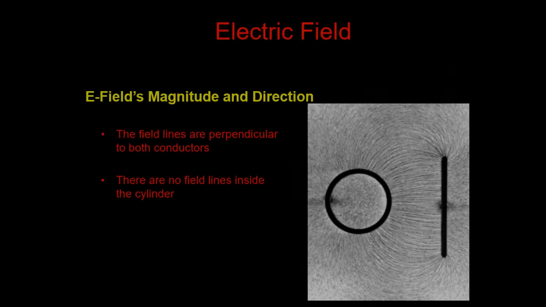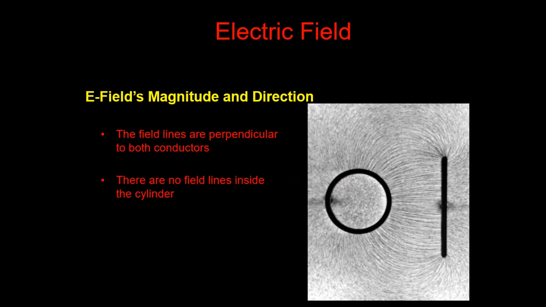So let's take a look at an actual practical image. When we look at our electric field here and the direction and magnitude, here we have a plate with an electric current flowing through it, an electric field being set up by this plate, and this is essentially a real system. So this is a fluid with lots of conducting particles set into the fluid, and these two conductors have been put into it.